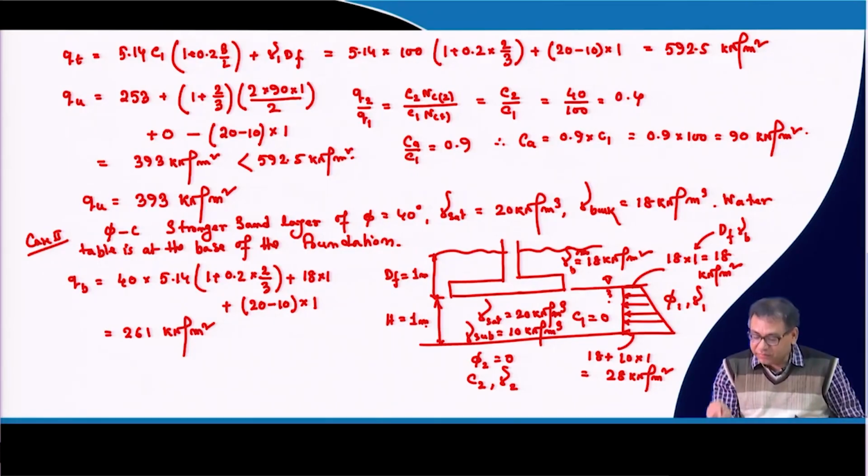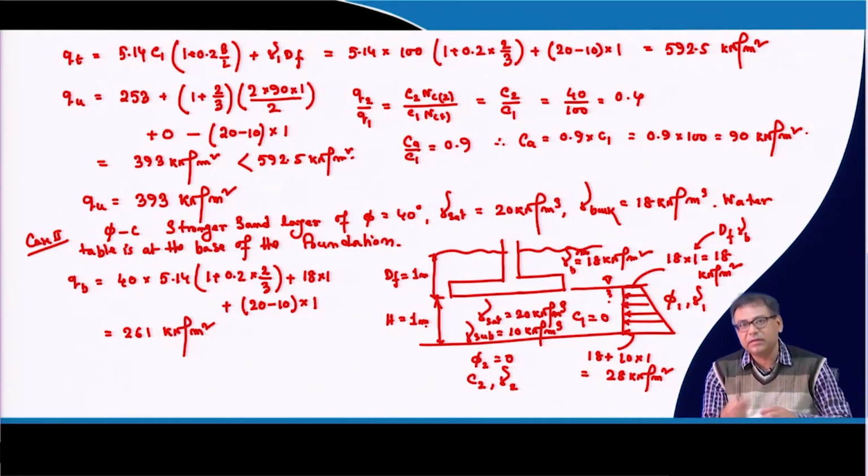Remember that, because here the total dF part is gamma bulk, that is why it is taken as gamma bulk. And here the lower part is actually dF into gamma bulk plus gamma sub into H.